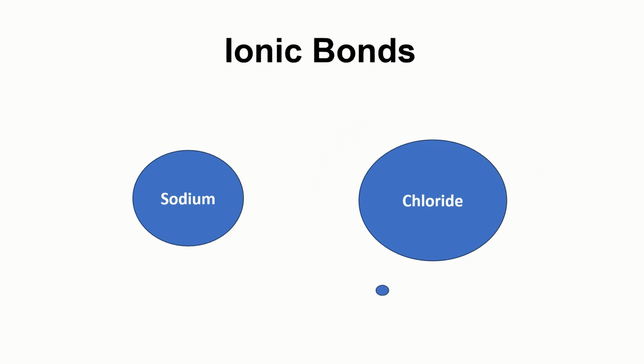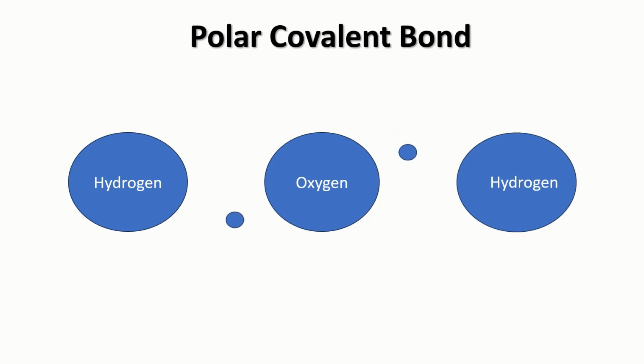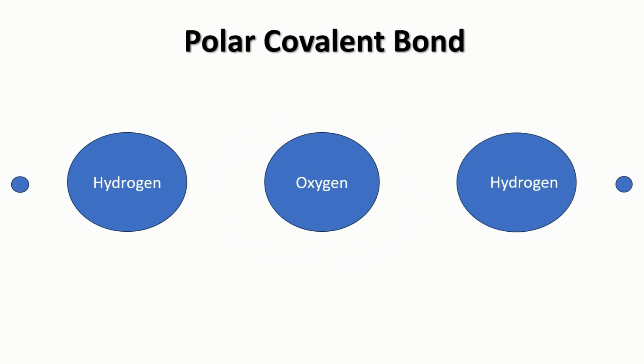Hydrogen bonds are comparatively weaker than covalent and ionic bonds. A hydrogen atom with an electropositive charge from one molecule is attracted to an electronegative atom of another molecule. So let's go back to that example of water I gave earlier. While the bond between the hydrogen and oxygen is polar covalent, this leaves the hydrogen with a slightly positive charge because an electron isn't being shared with it equally.